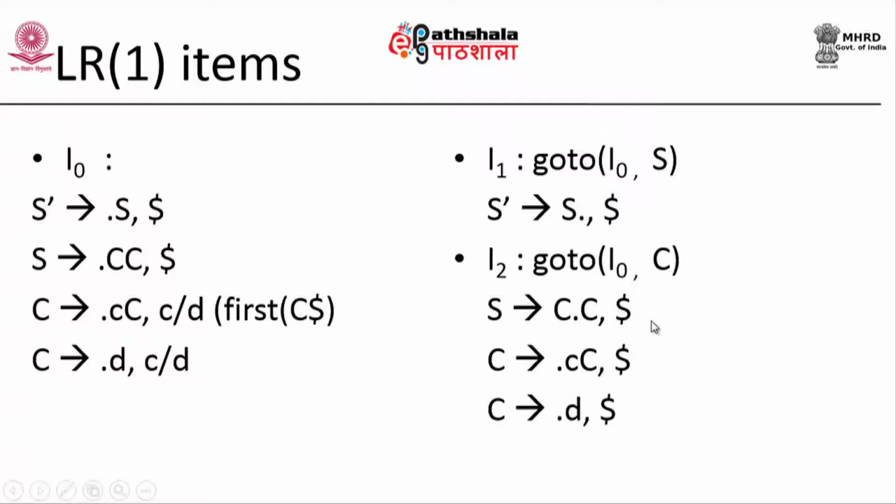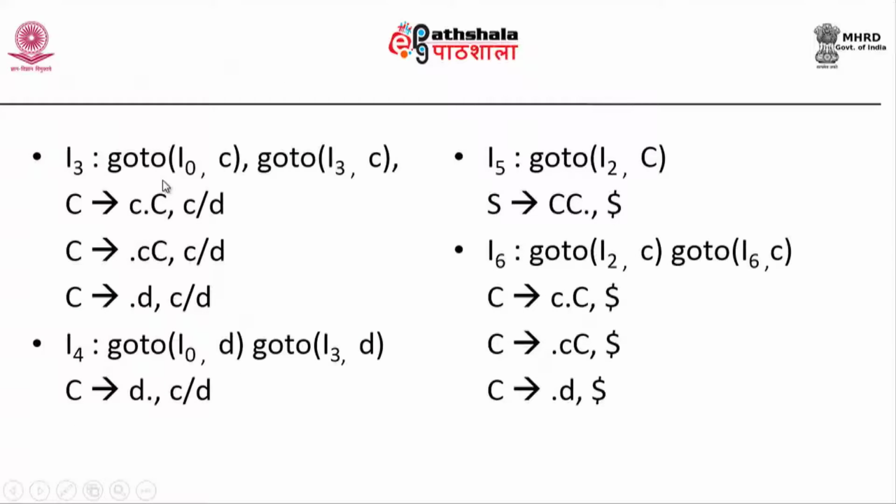So, first of beta A will be dollar only. So, add the productions of C with a dollar as the end marker. Look ahead symbol basically. And then I3 will be goto of I naught comma small c, which is nothing but shifting the dot by one position to the right. So, C produces c dot C comma c slash d, because it is the same thing that is available here.